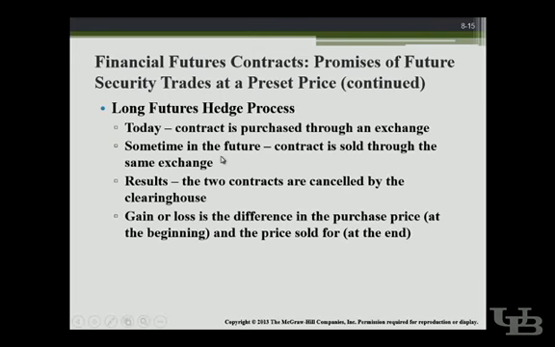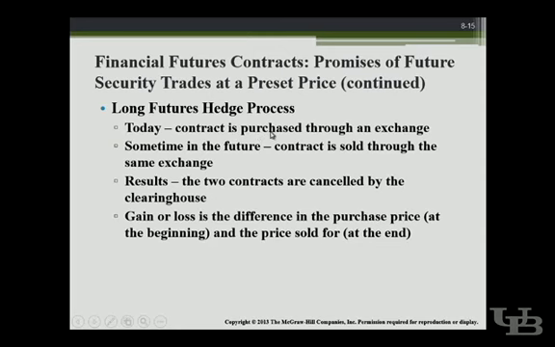Sometime in the future, interest rates fall. As rates fall, the value of the futures contract will rise. As the contract price rises, they will then go out and sell it, resulting in a gain. So in the case of the long futures contract, the institution will first buy at a low price and sell high.